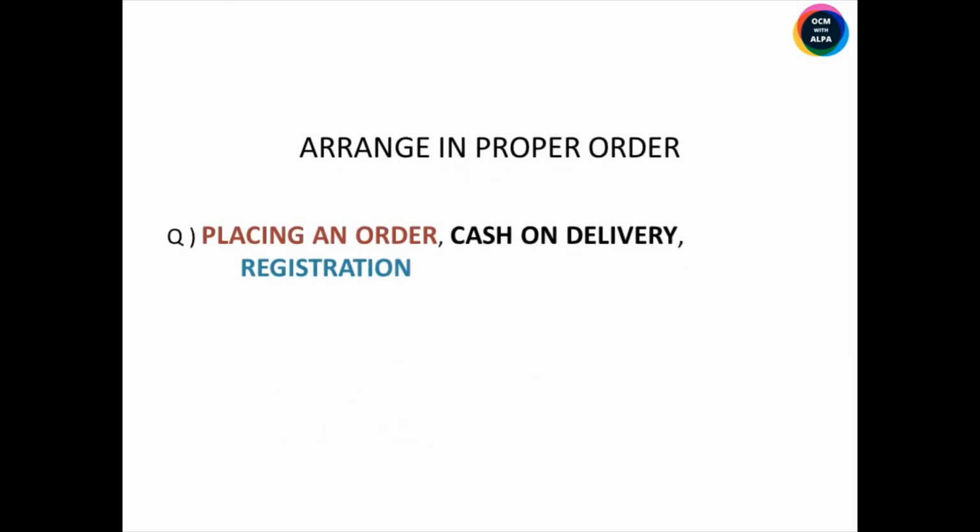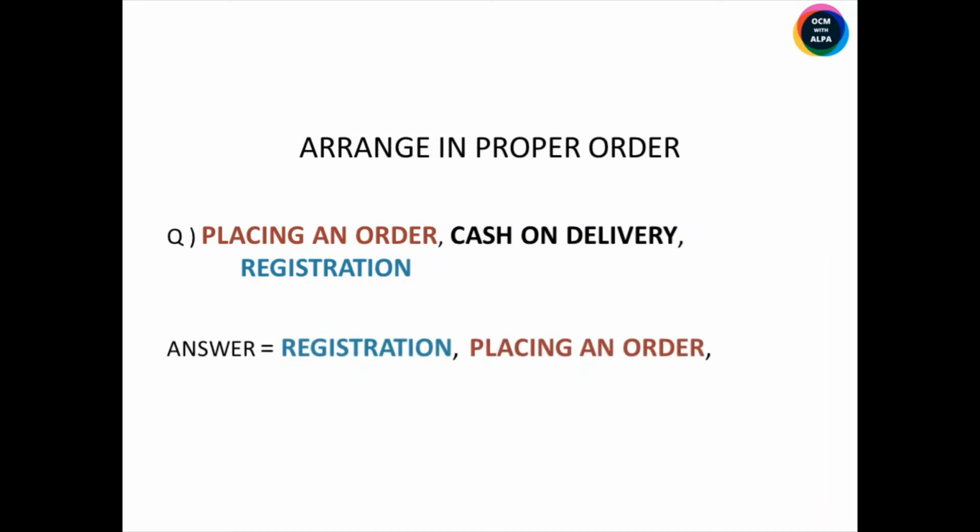For example, you have here placing an order, cash on delivery and registration. We see here that the order is jumbled up. The first step in placing an online order is the step of registration, second one being placing an order, followed by the last stage of cash on delivery. So this is your last type of objective and a sample question corresponding to it.